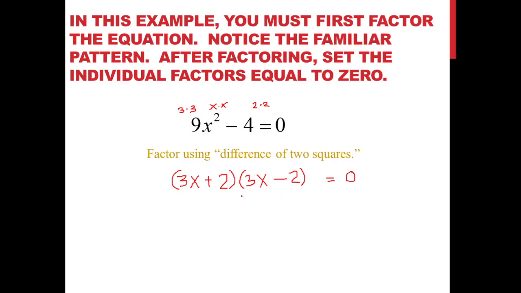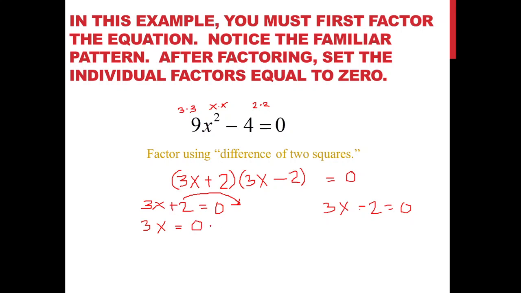Now, let's try to apply the zero product property by equating each factor to 0. So you have 3x plus 2 equals 0, and the other factor is 3x minus 2 equals 0. Again, we need to solve for x. We need to transpose this one to the other side. So I'll bring down 3x, bring down the equal sign, bring down 0.